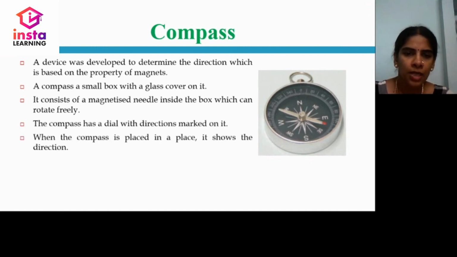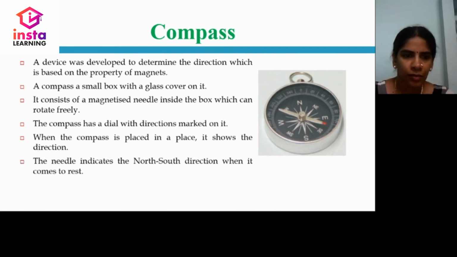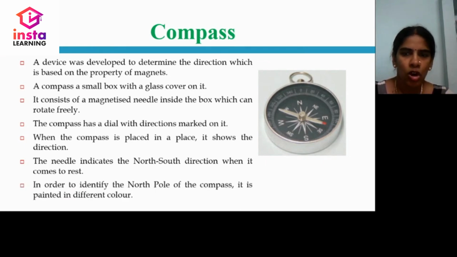When the compass is placed in a place, it shows the direction. The needle indicates the north-south direction when it comes to rest. In order to identify the north pole of the compass, it is painted in a different color. You can see in the picture, it is red in color to point out the north pole.